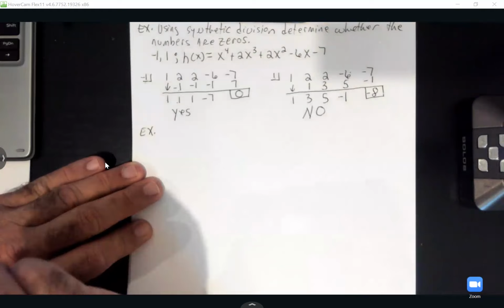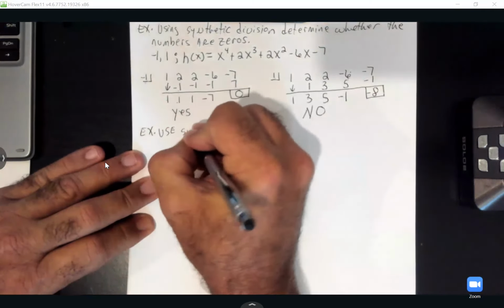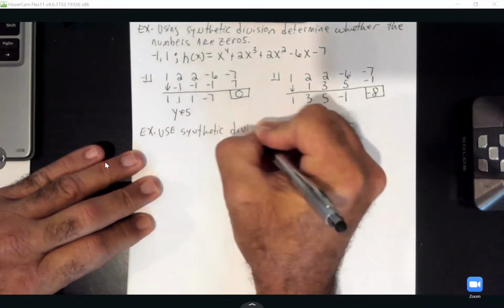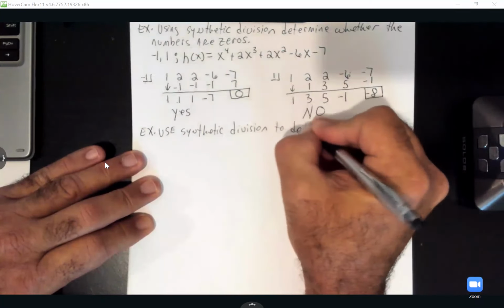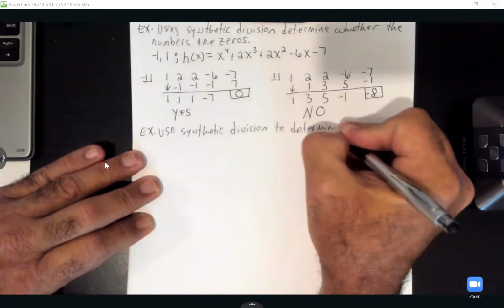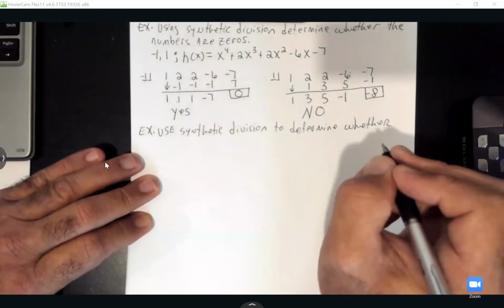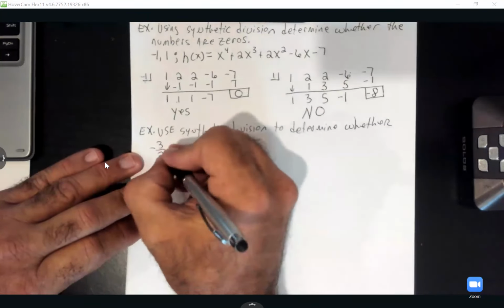So how about this one? Here's a fun one. Use synthetic division to determine whether -3/2 is a 0.